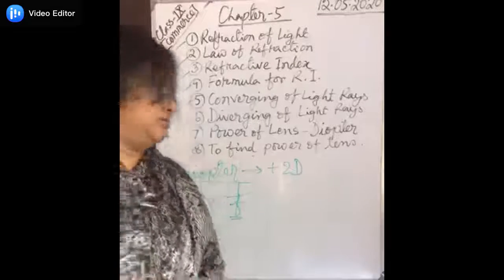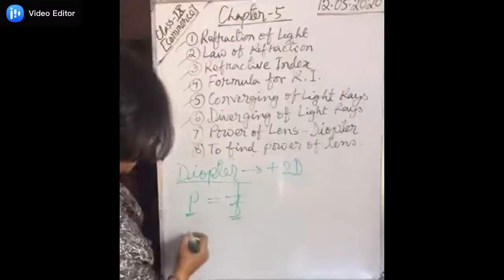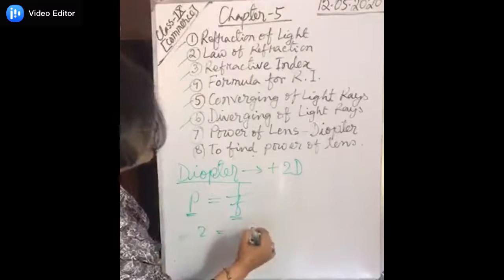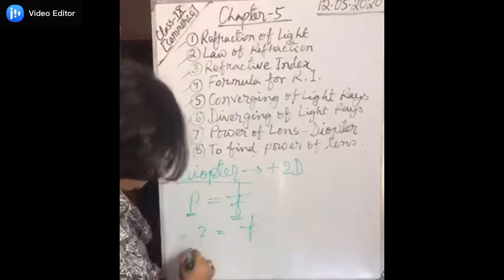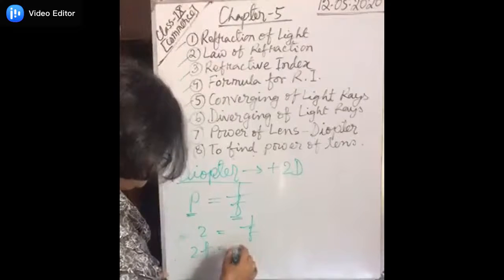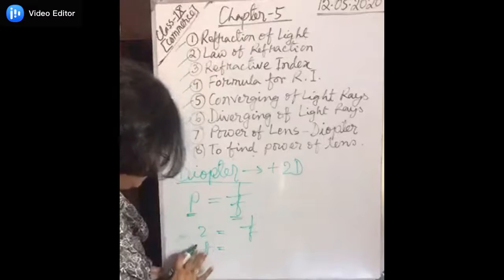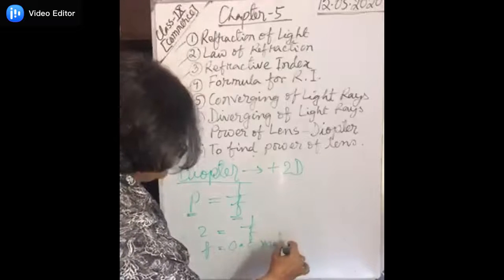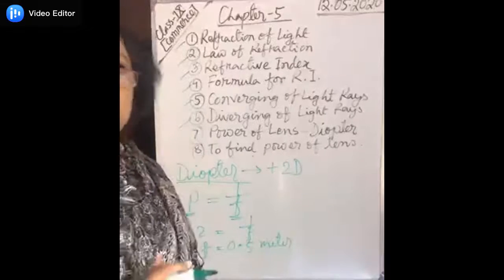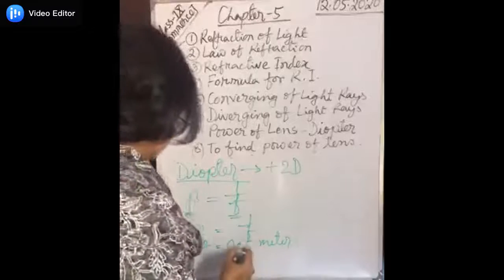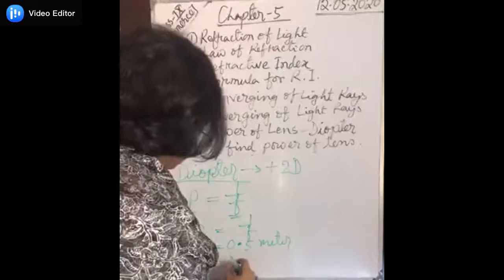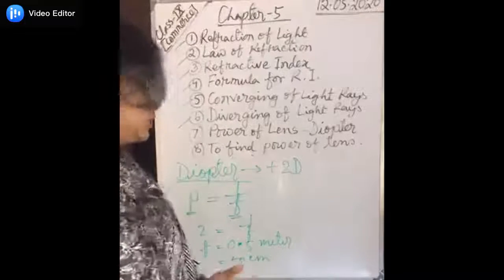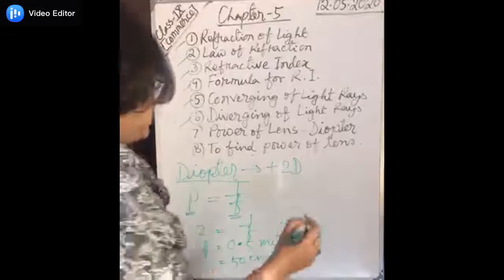So putting the value 2 instead of P, we can work this out: 2 equal to 1 by F, so F equal to 0.5 meter, and always consider focal length in meters. Or you can convert it into 50 centimeters, it doesn't matter, but always work considering the measuring unit meter.